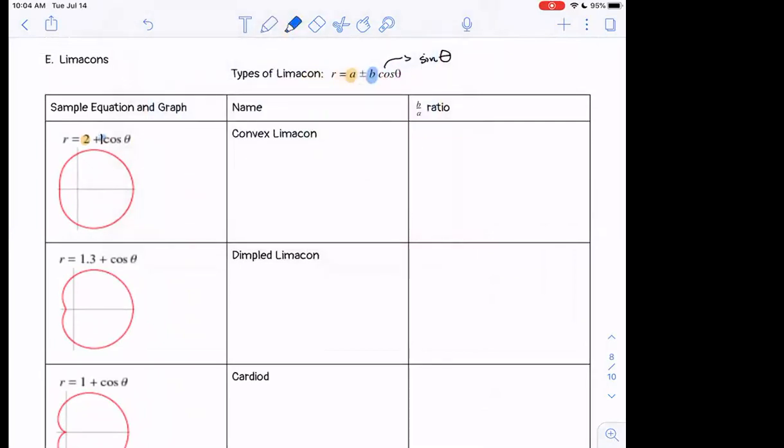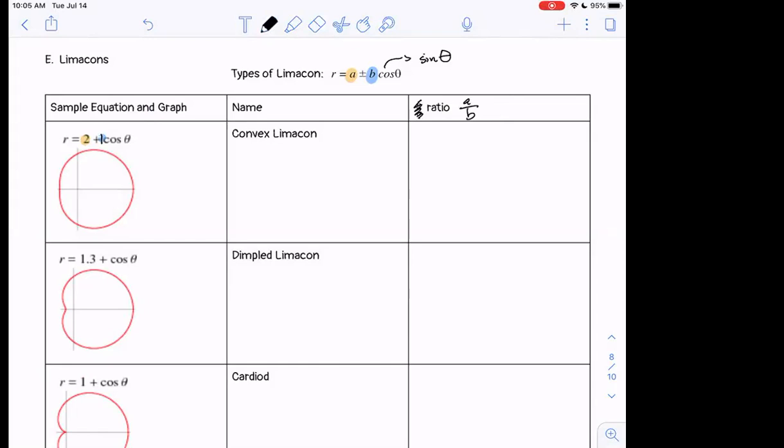I've got a b of 1 and an a of 2. I think I typed the letters backwards, so sorry. Let's just change this.